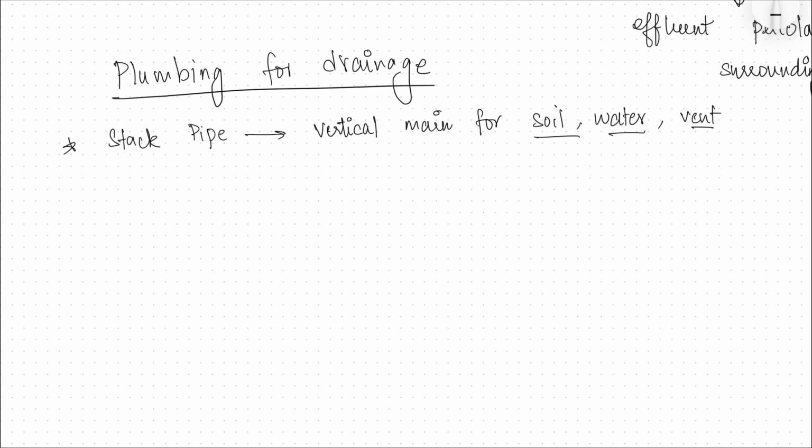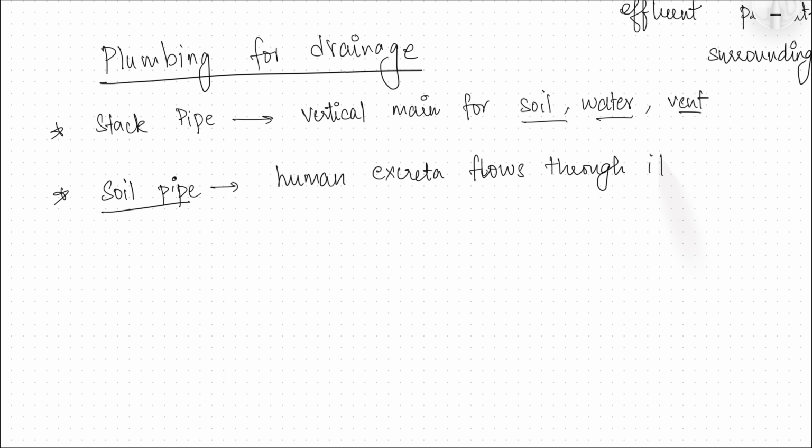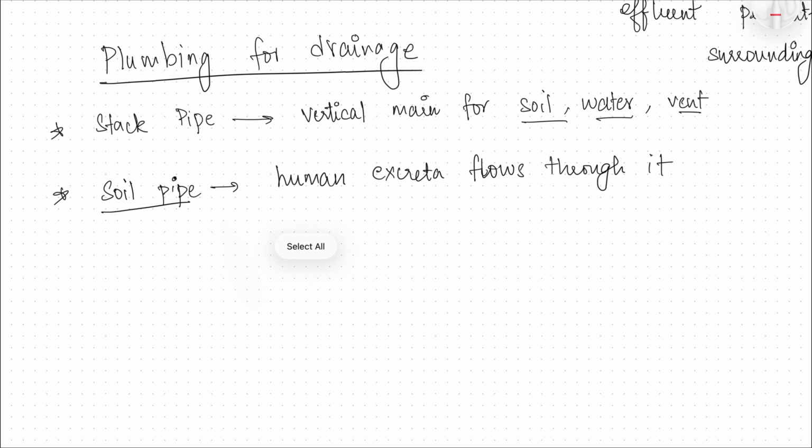Then you have a soil pipe, which is for soils. Soils means human excreta alone. So human excreta flows through it, and it's usually of 100 mm in diameter.